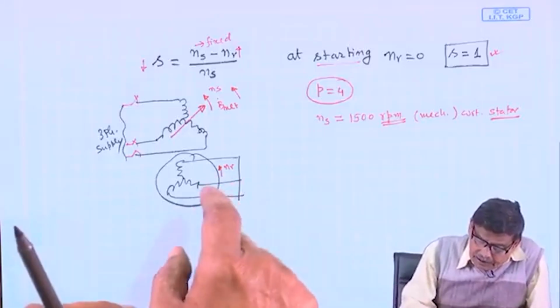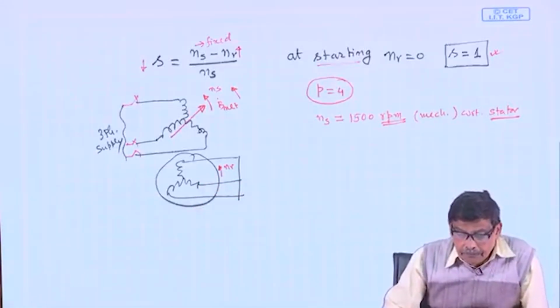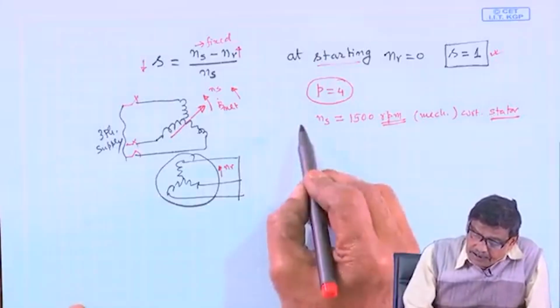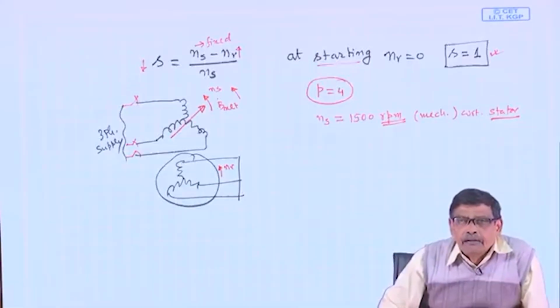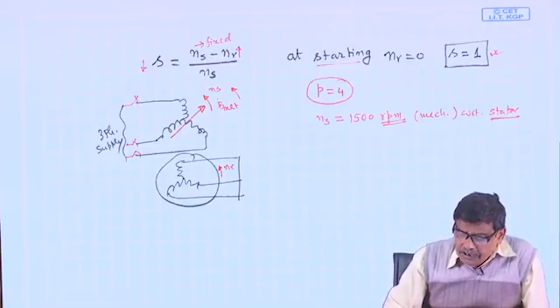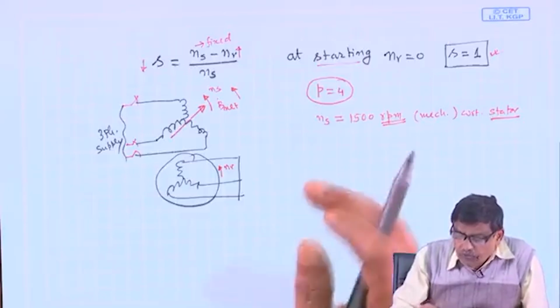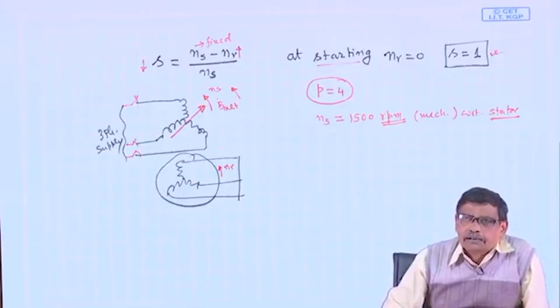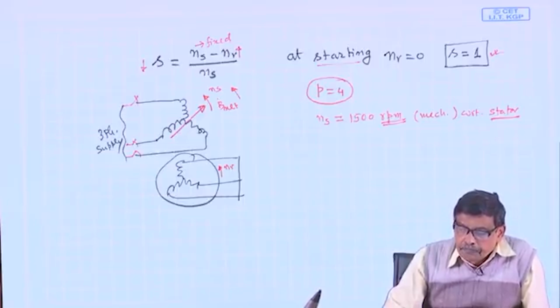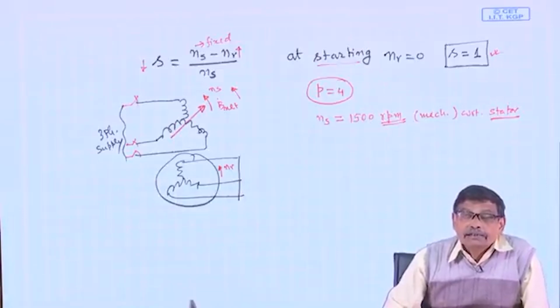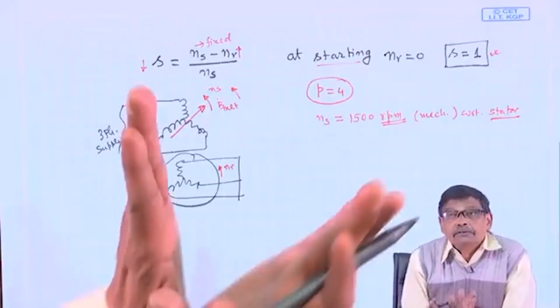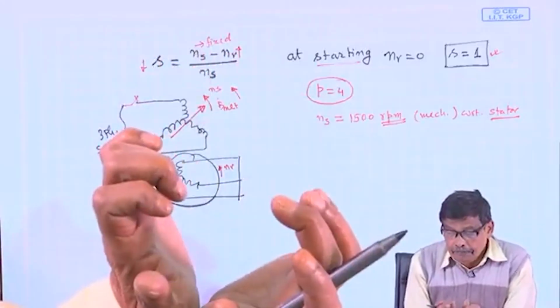Now, as the rotor picks up speed, a time will come when rotor speed approaches this 1500 rpm, and if rotor speed is still below 1500 rpm, but close to 1500 rpm, does not matter, so long there is a relative velocity, there will be induced voltage and induced current, and the moment there is induced current, there is Br and B net to give you torque, is it not?